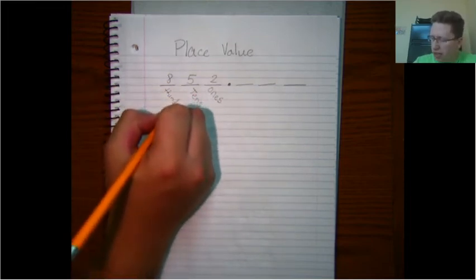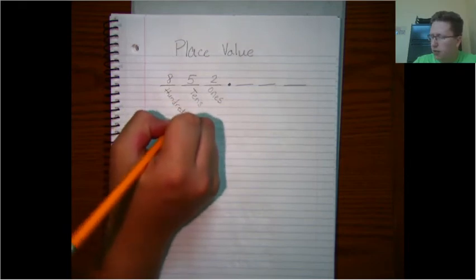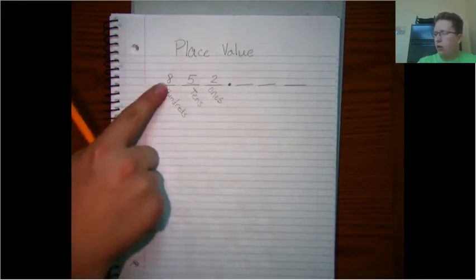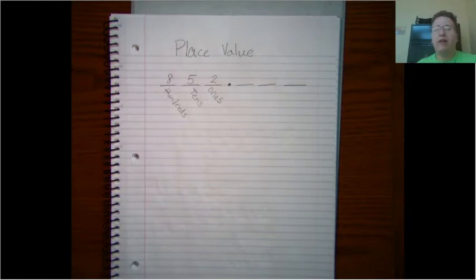Notice there's not a TH at the end of that. Hundreds. So if you added 100 together 8 times, you would have 800. So this is 852.